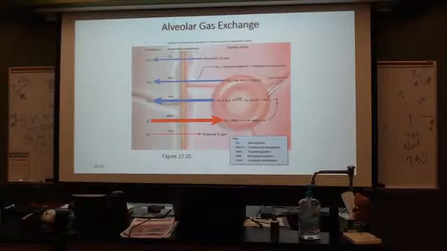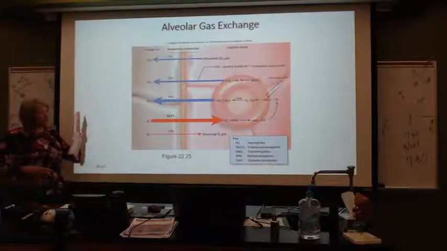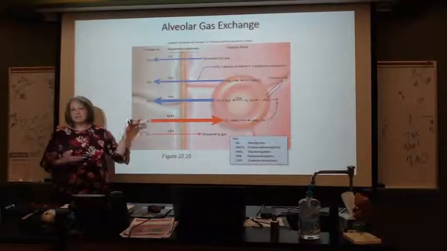So once we drop it off at the tissues, get all of that exchange, blood makes its way back to the right side of the heart. From the right side of the heart, it goes to the lungs, our pulmonary circuit, where we're going to encounter an alveolus, which hopefully is in good condition.